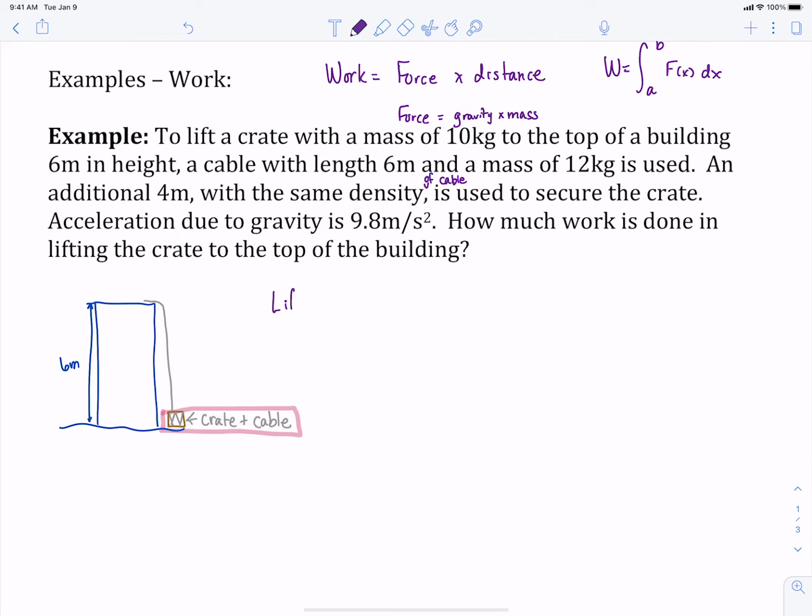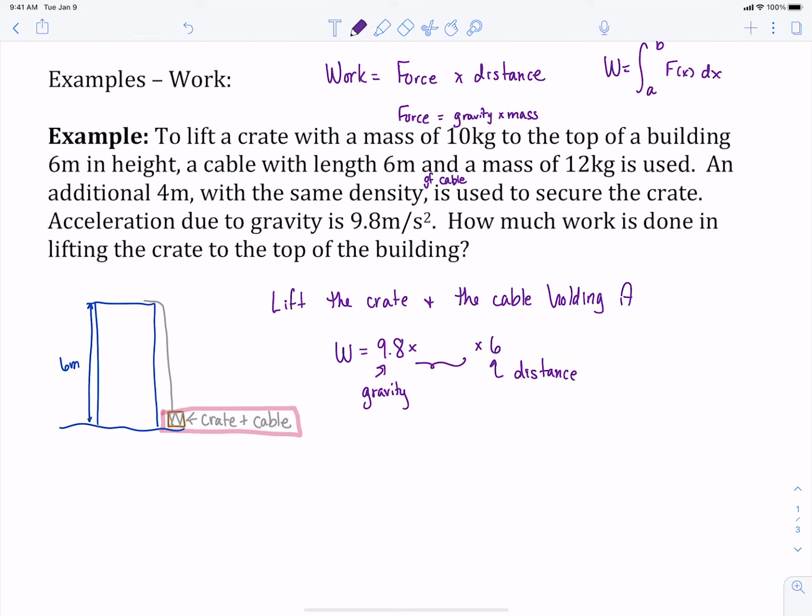So to lift the crate and the cable holding it, the work that we're going to do there, it's going to be the force we need to lift up that gravity and also how far we're lifting it. So we've got gravity and our distance. And then what we also need is that weight or mass of what we're lifting.